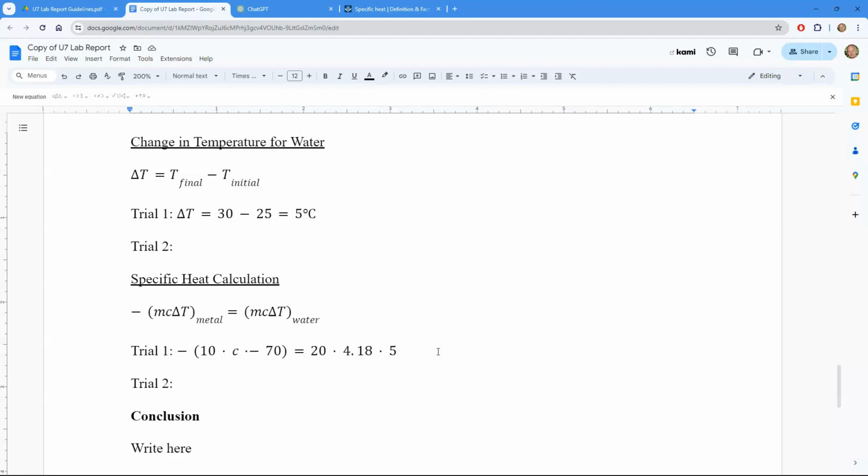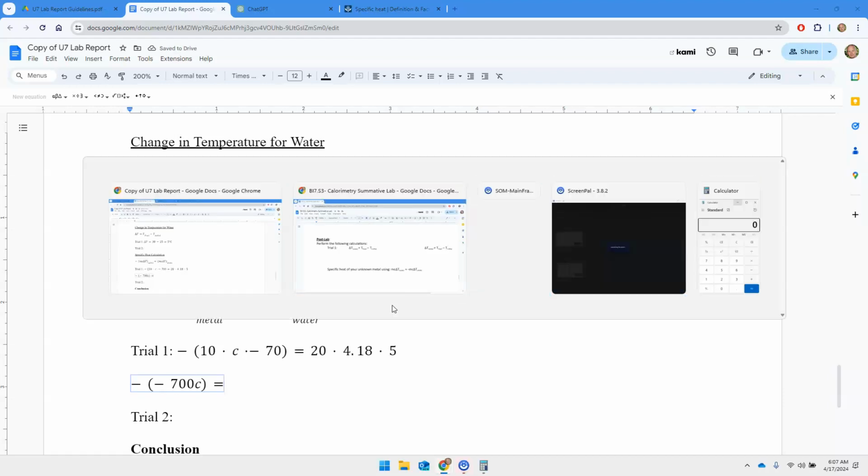All right, so to solve this, if you notice on the right side, it is all numbers. So we can multiply the whole right side of our equation, and then on the left side we have 10 and negative 70. Let's multiply those two numbers together. So I'm going to make another line and new equation. 10 times negative 70 is negative 700 times C equals, and then let's get our calculator out.